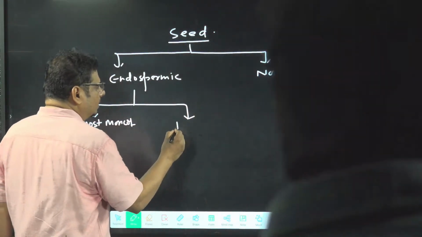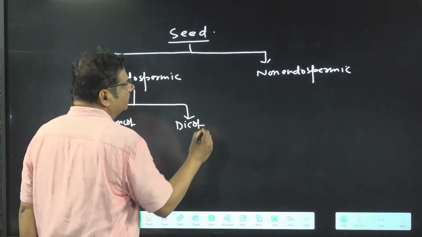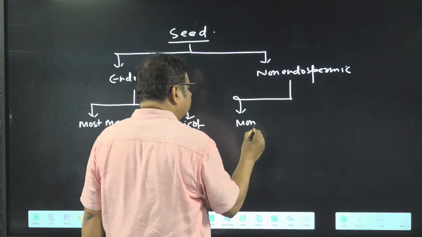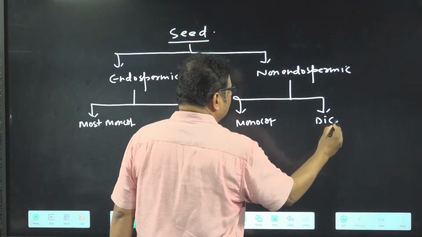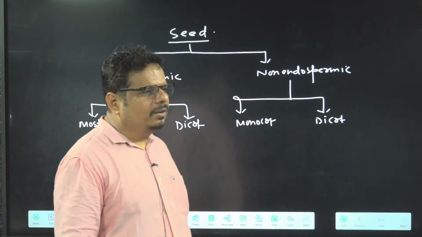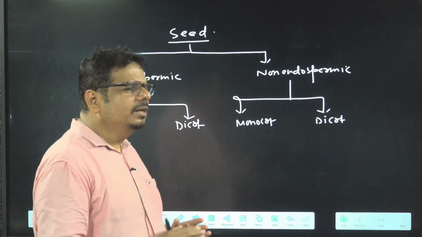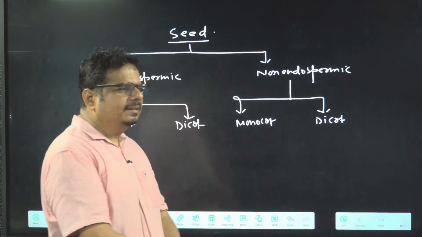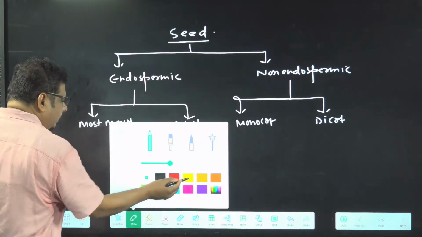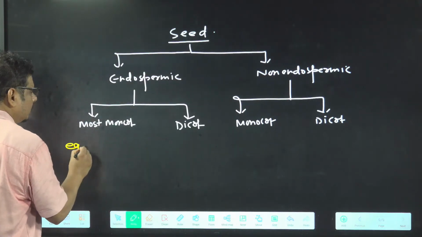So monocot, dicot. Non-endospermic seed is also present in monocot and dicot. So you cannot say all monocots have endospermic and all dicots have non-endospermic. Of course, in most of the monocots, endospermic is there. Now I am writing the examples of the endospermic.